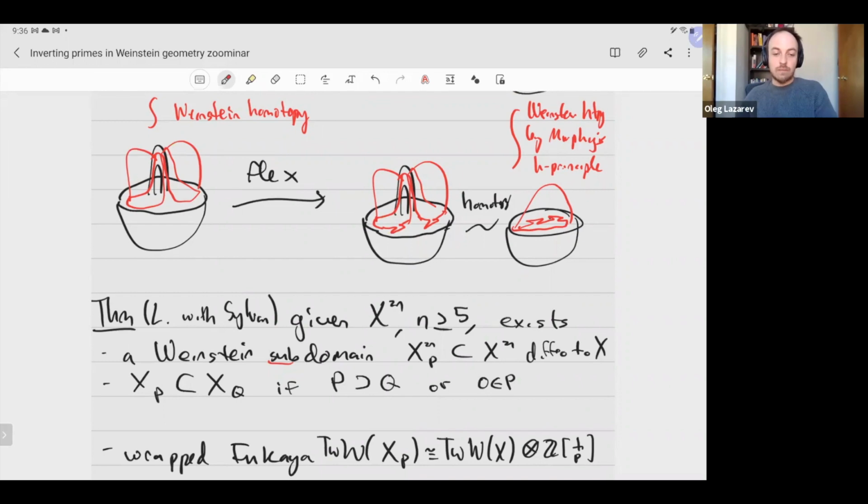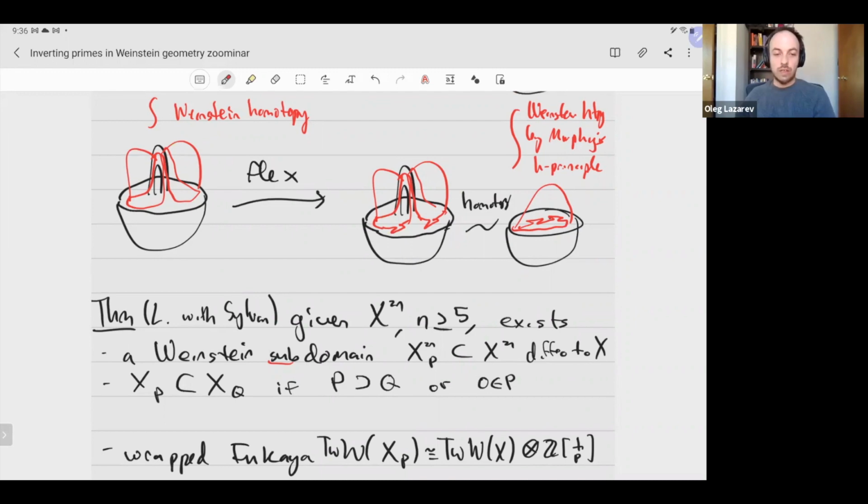So we showed that the wrapped Fukaya category of this X sub P is the localization of the wrapped Fukaya category of X. This is a little bit stronger than what Abouzaid and Seidel proved, because they only did the isomorphism on the level of symplectic homology. This is upgrading it to the Fukaya category level.